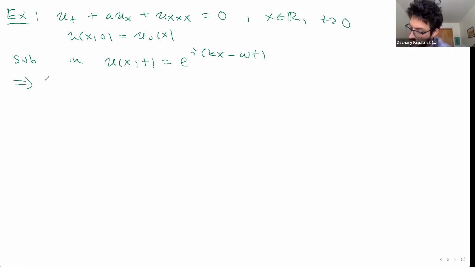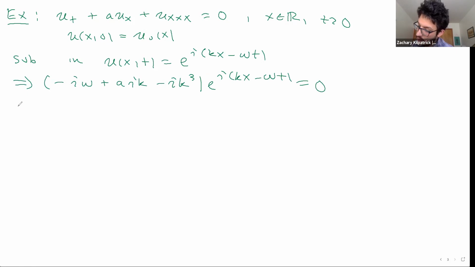If I plug this in, then I get the relation (minus i omega plus a i k minus i k cubed) e to the i (kx minus omega t) is equal to 0. I can solve this for omega of k is equal to a k minus k cubed.